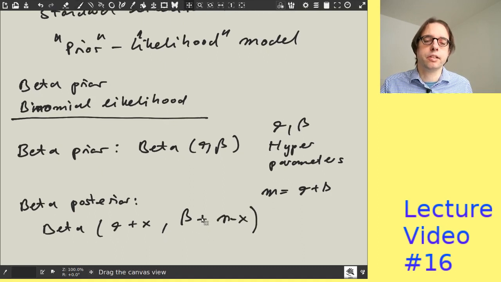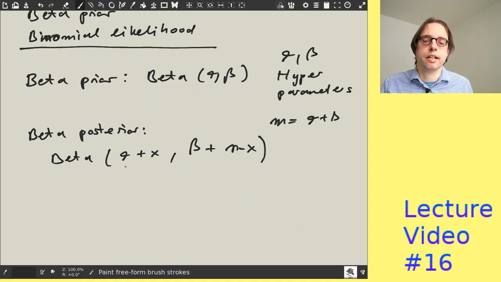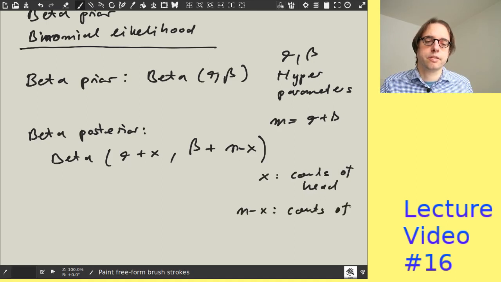If you recall, let's say alpha is the parameter for heads, then x is the count of heads, and n minus x would be the count of tails. So what we have here, x and n minus x, is the influence of the data.